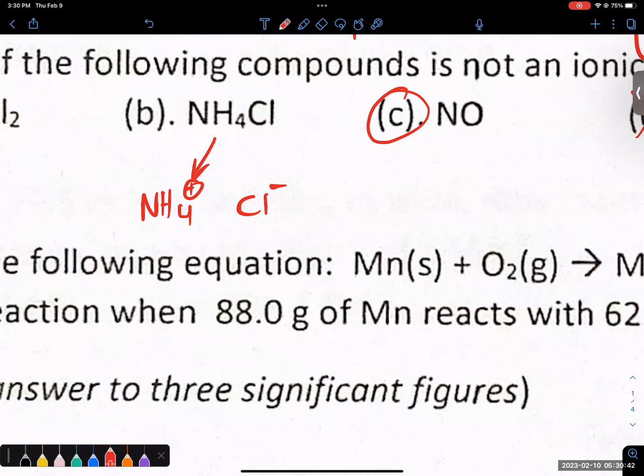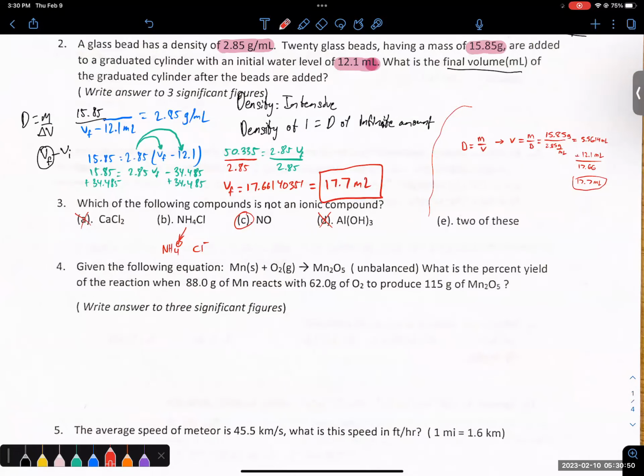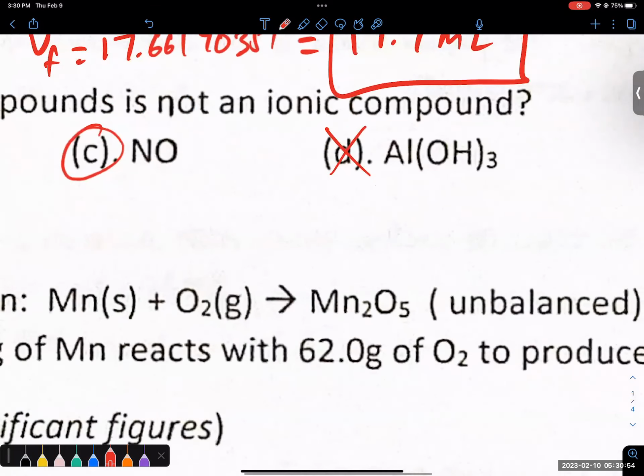Nitrogen monoxide is how you would name it. All right. Are we good on that? Maybe you might see something like this on the test tomorrow: ammonium carbonate.